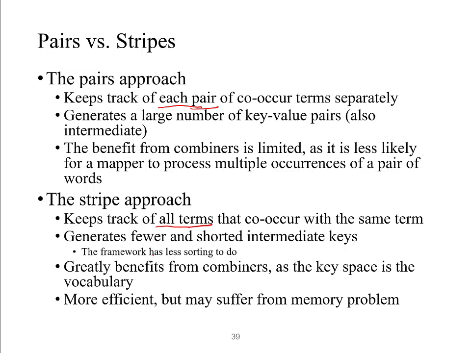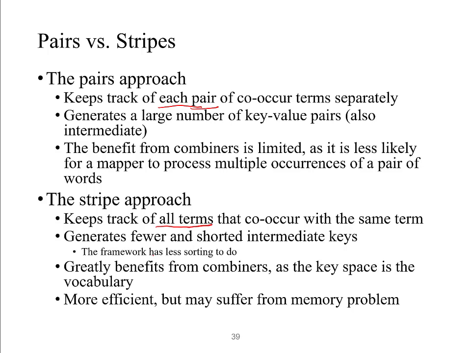For the pairs approach, the benefit from combiners is limited because it is unlikely for a mapper to process multiple co-occurrences of a pair of words. So there are not many key value pairs to be combined together.